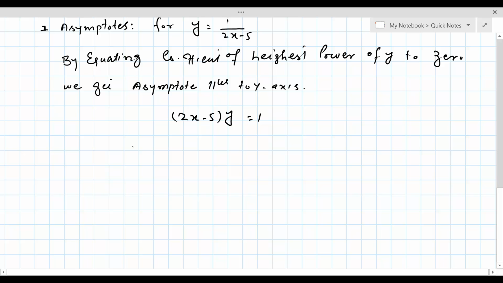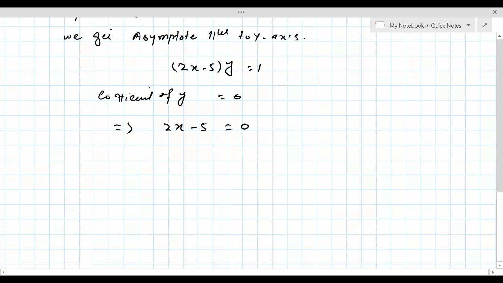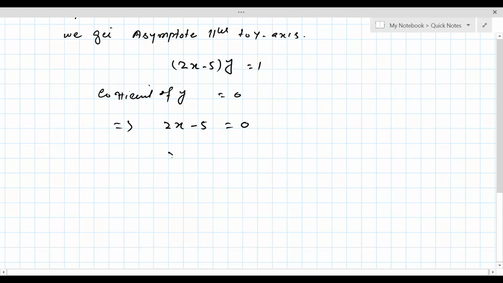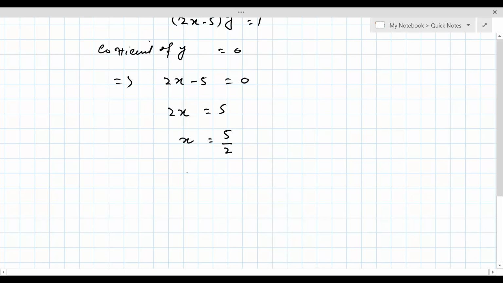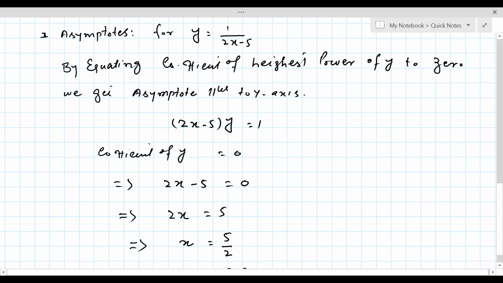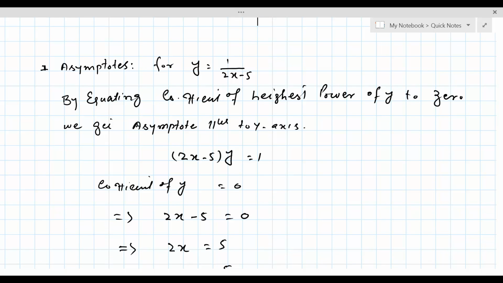So if we put that coefficient of y equal to 0, we have 2x minus 5 equal to 0, which means 2x equal to 5 and x equal to 5 by 2, so x equal to 2.5. So this is the asymptote parallel to the y-axis, or it's called the vertical asymptote. Let's write it down. So this was for the vertical asymptote.